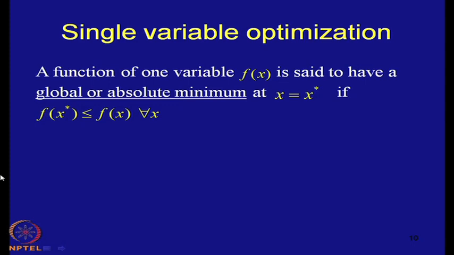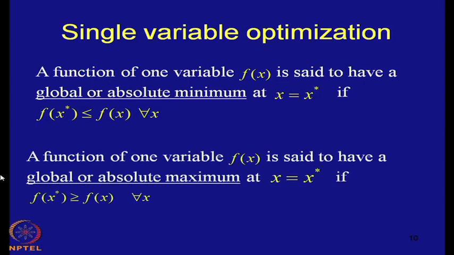If we get at least one such point x star, then we can declare it the global minimum, where the condition f(x star) is less than or equal to f(x) holds for all x within a to b. Similarly, we can define the global maximum. The function f(x) has a global or absolute maximum at x equal to x star if f(x star) is greater than or equal to f(x) for all x between a and b. That is the definition for us.